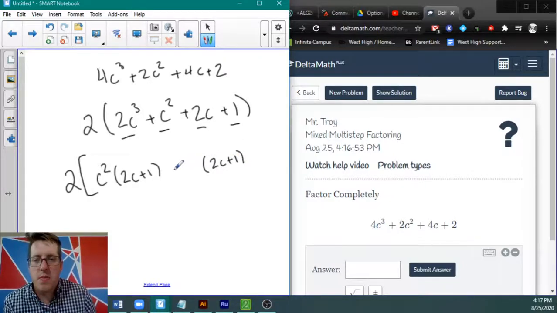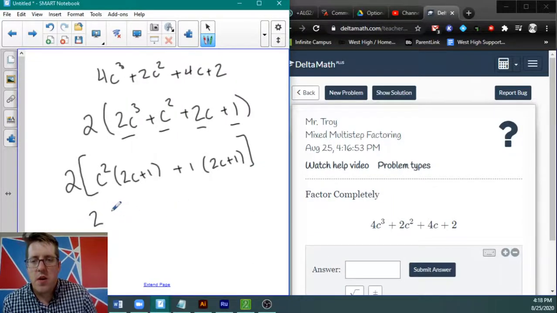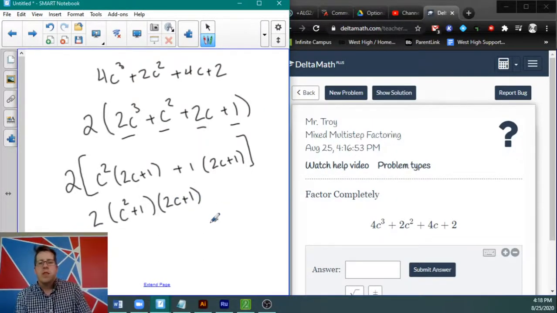And the only way to make that possible is with a plus 1. So then this is going to become 2 times, remember the two outer parts go together, so c squared plus 1. And the inner parts get factored out, and they just count once. So don't double count that. But that is how that one factors.